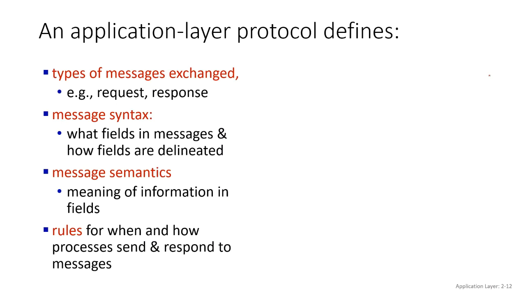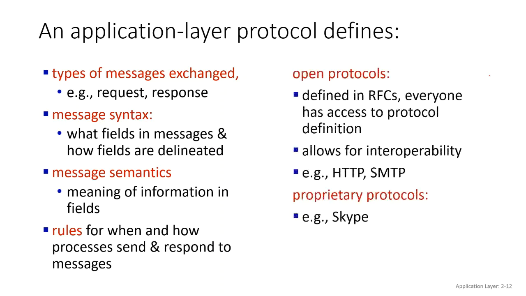So we basically have the application layer protocol. The application layer protocol defines some things that you need to be aware of. We need to know about the type of message exchanged, whether it's a request or a response used in the transaction, like a request from the client, a response from the server.